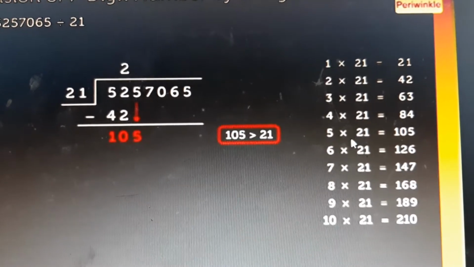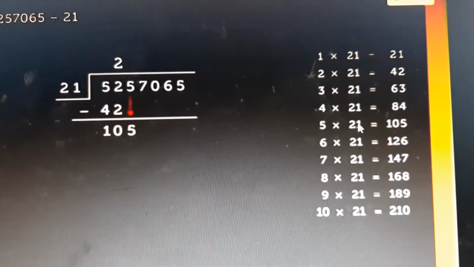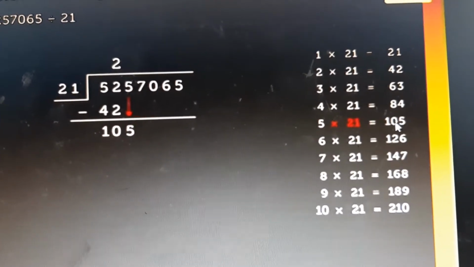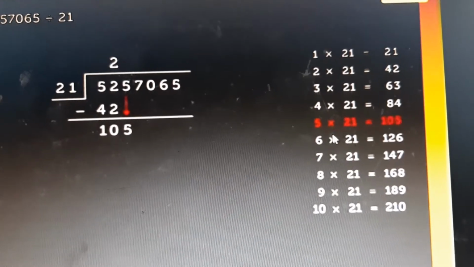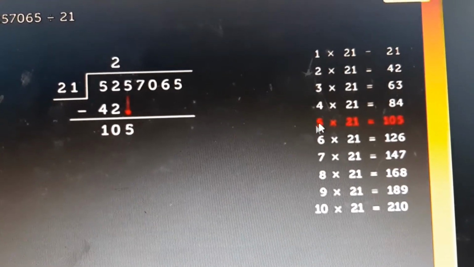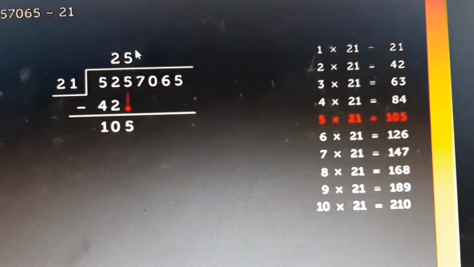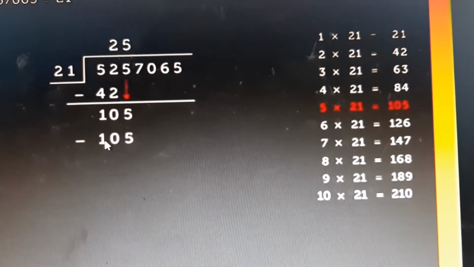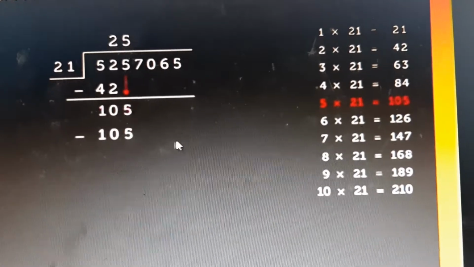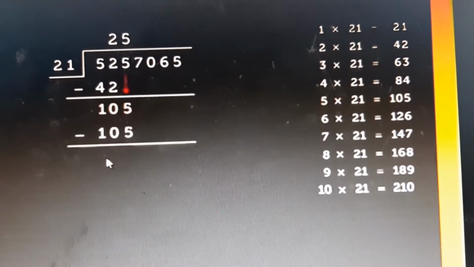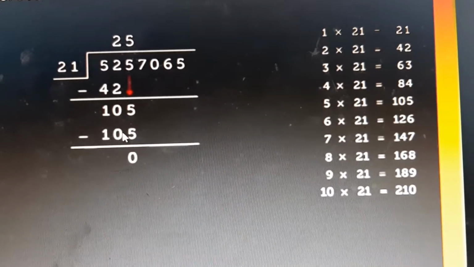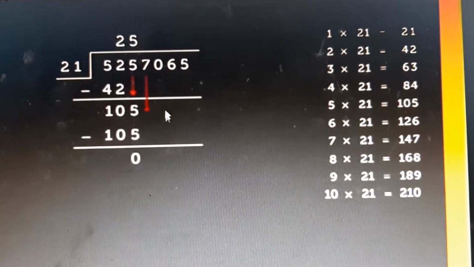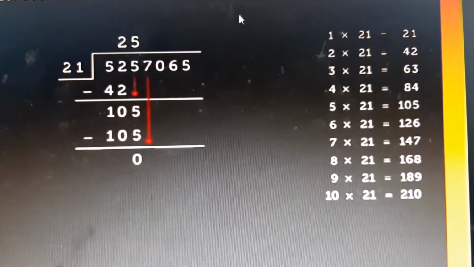So we can select here 21 into 5 is 105. So this we can take as the quotient now. So here we can put it in the quotient. 21 5s are 105. When you subtract, next step is subtract. 105 minus 105 is what? 0. So take down the next number.